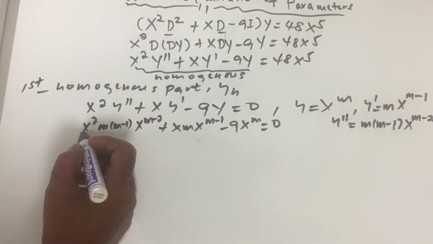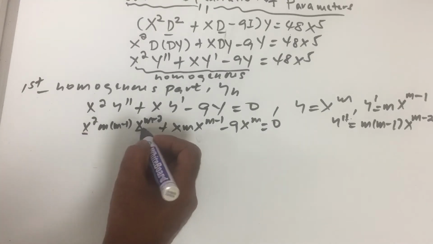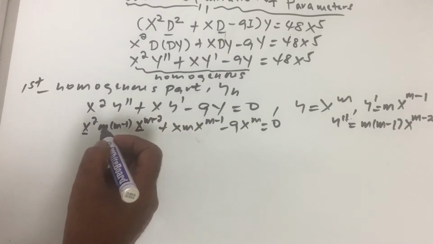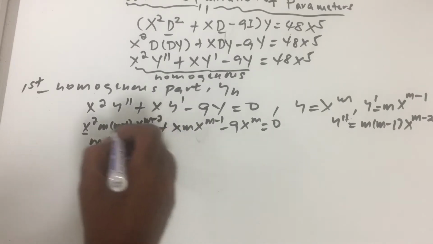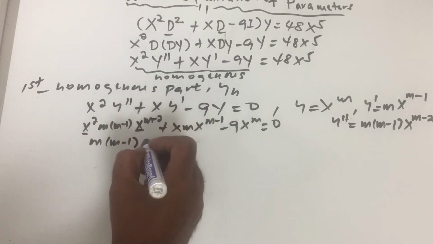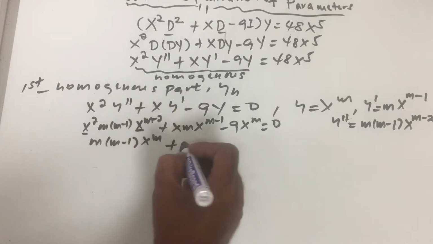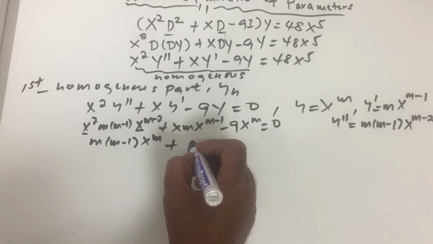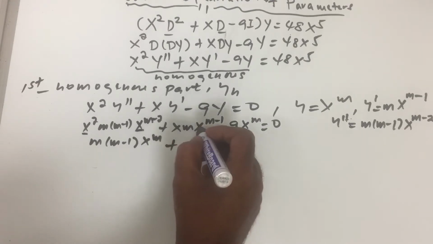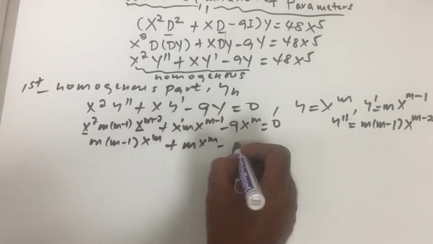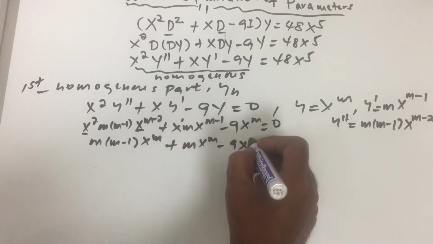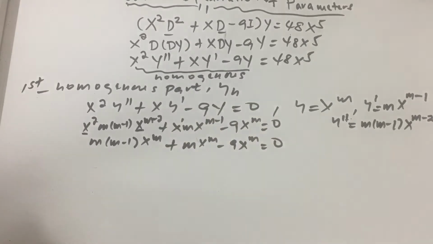We can simplify this because the base is the same, so the exponents are added: m(m minus 1) x to the power of m plus m x to the power of m minus 9 x to the power of m equals 0.